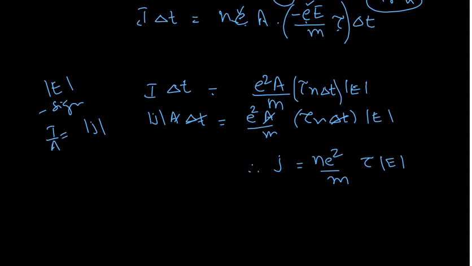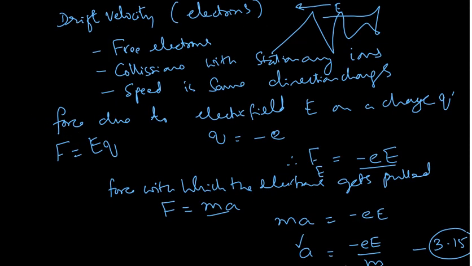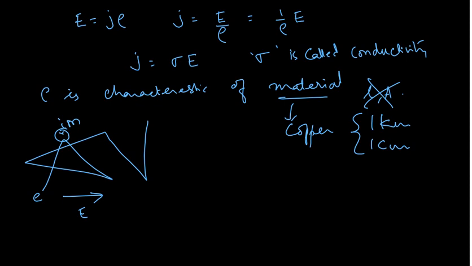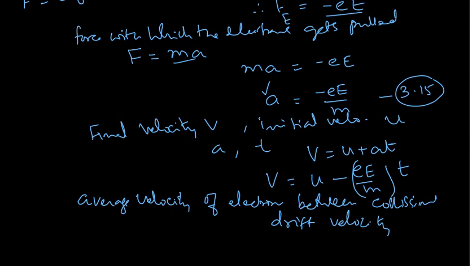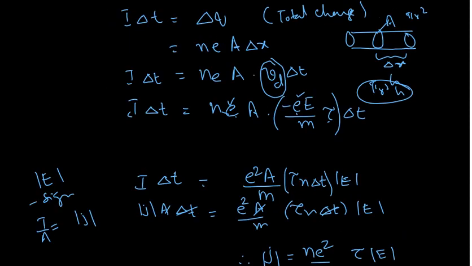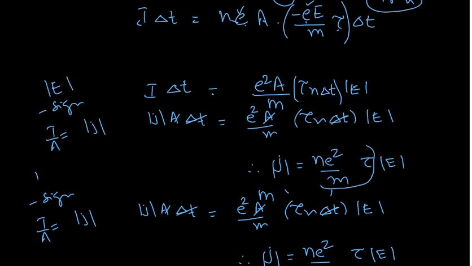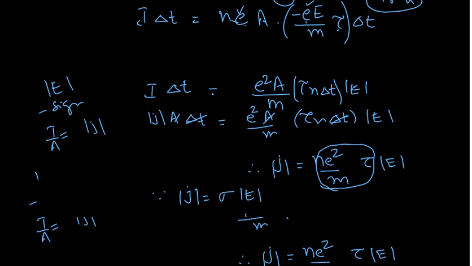So we have gone back to the same thing. Earlier we tried to give a relation. If you go back to the very beginning, we got J equal to sigma times E, with some conductivity. Now, using the drift velocity, we derived that this entire thing must be the conductivity, since J is equal to sigma E. Sigma is equal to n e squared tau by m.